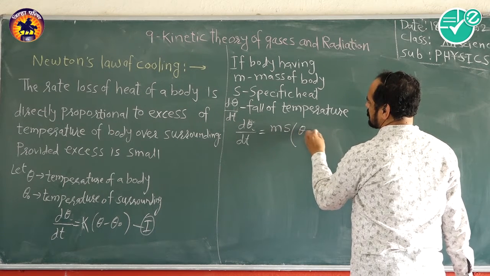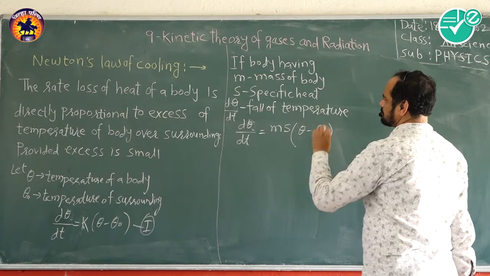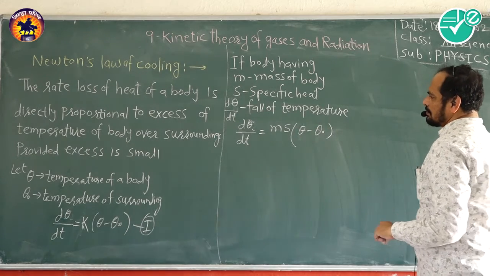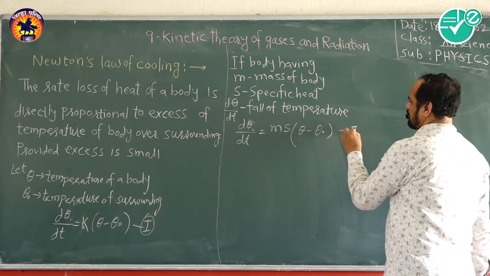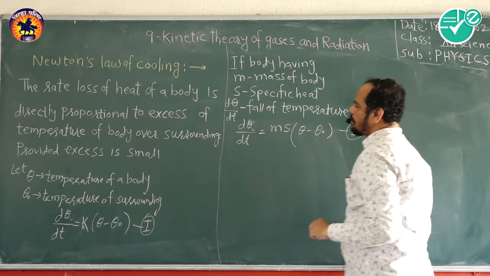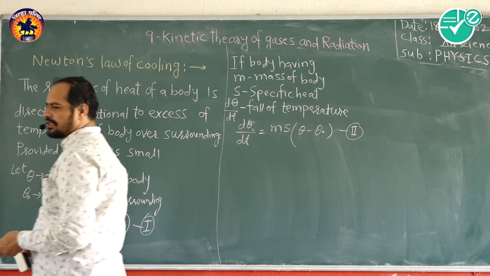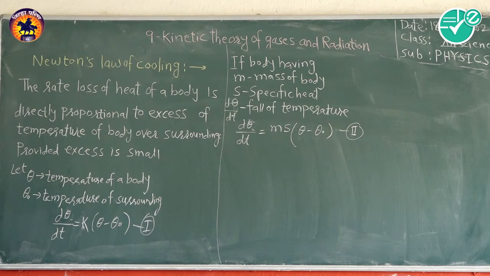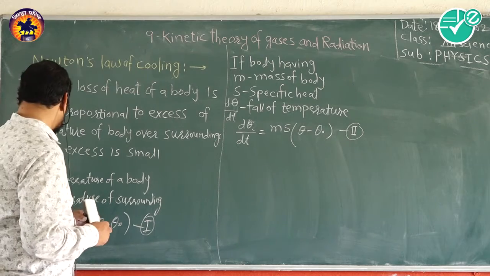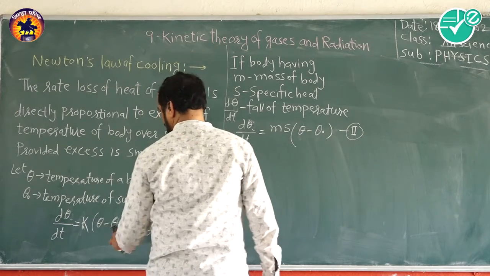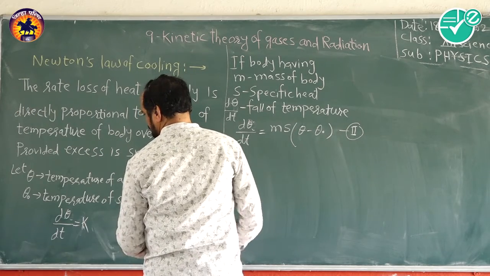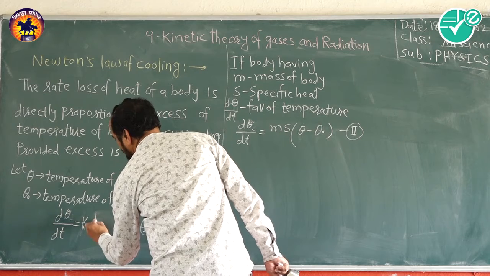We say it is equation number 2: m into s into d theta by dt is equal to k into theta minus theta 0.